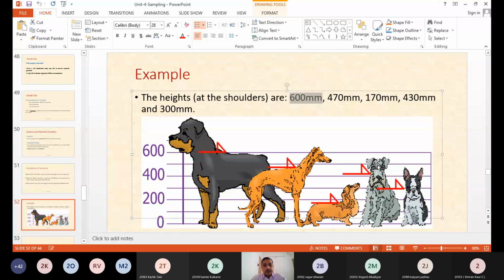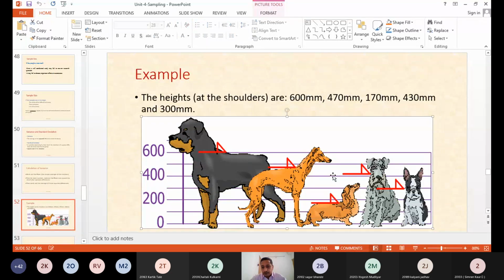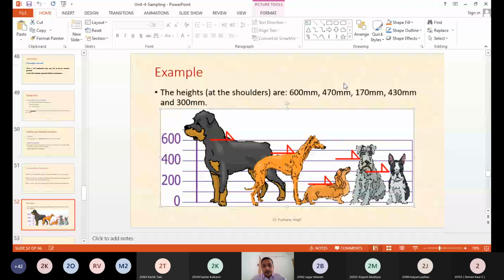So we have a group of dog breeds with different heights, and we have 5 members in this group.